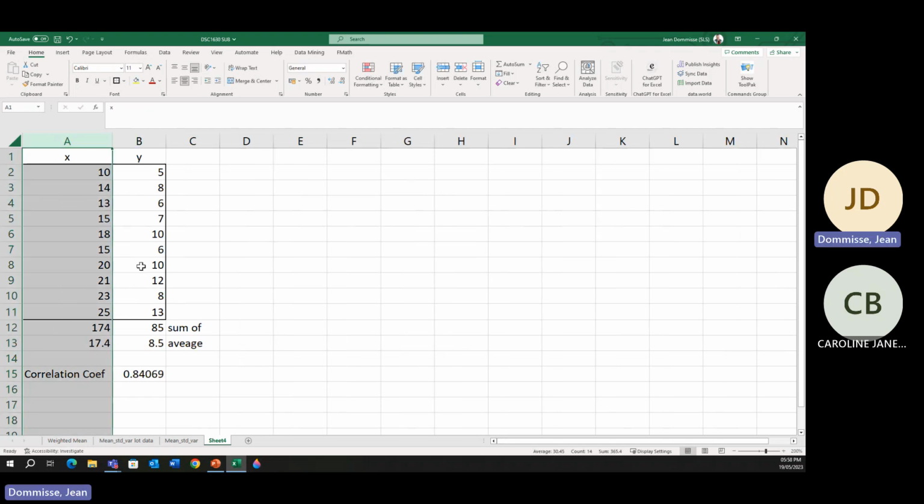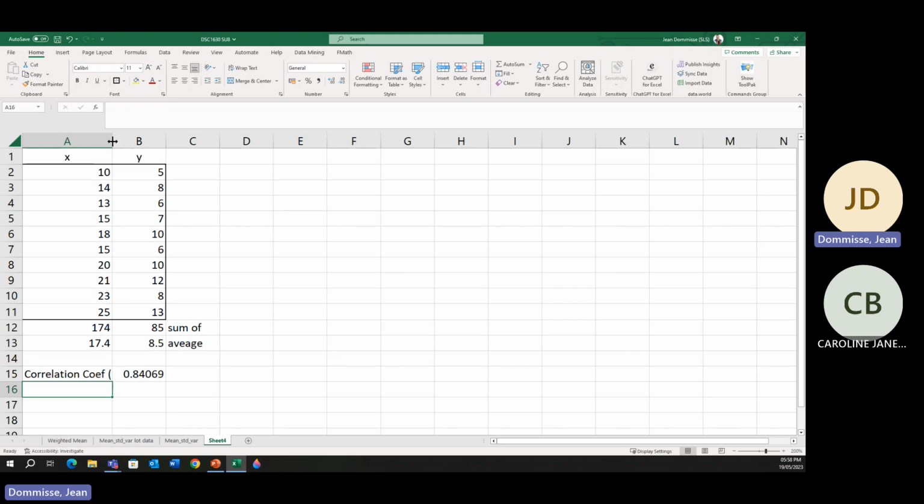So again, much simpler in Excel. You will get exactly the same answer if you use your calculator; I've got the HP, so if I use my HP, I get exactly the same answer. And then remember the correlation coefficient is what we call R. Let's make it a capital letter.